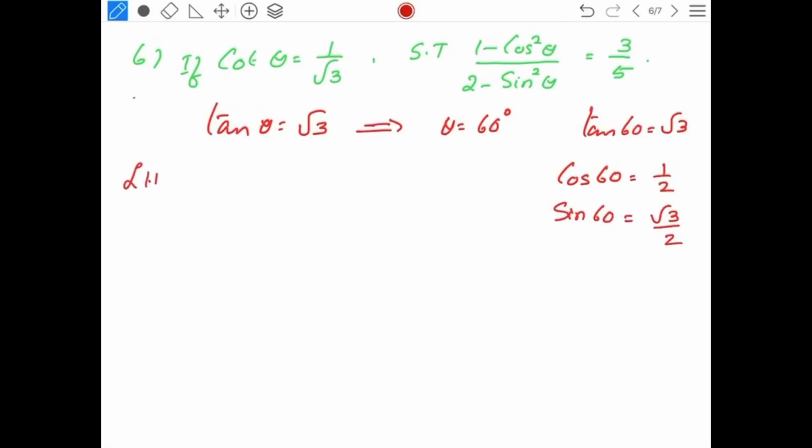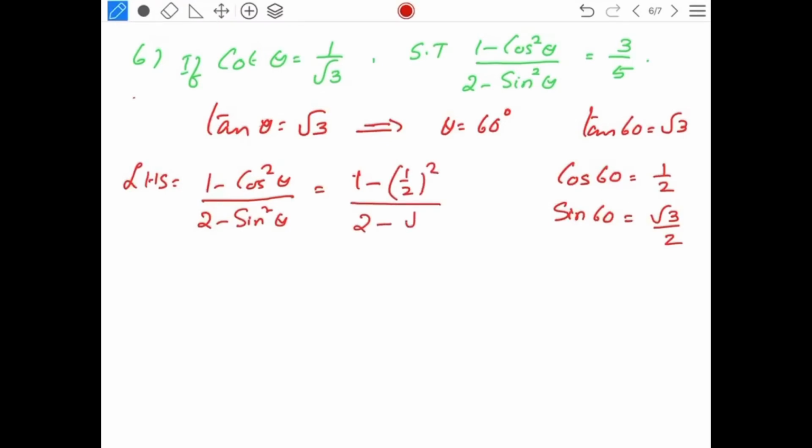So here LHS, 1 minus cos squared theta by 2 minus sin squared theta, is equal to 1 minus cos squared 60, that is 1 by 2 the whole squared, by 2 minus root 3 by 2 the whole squared.